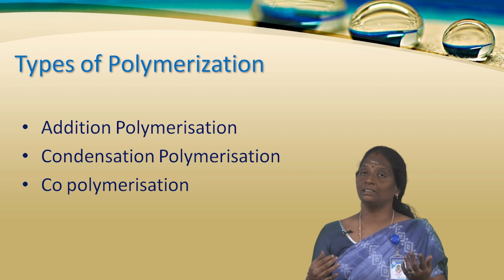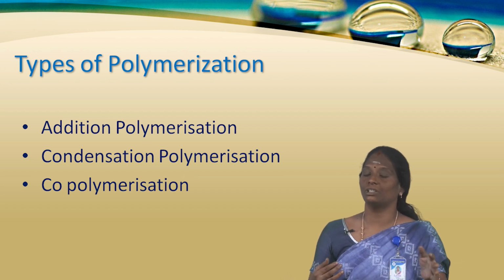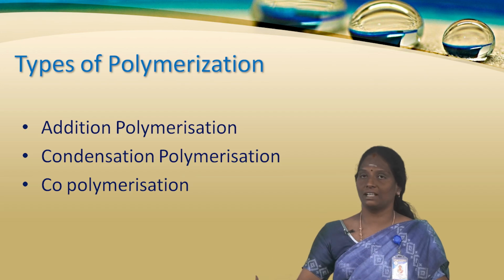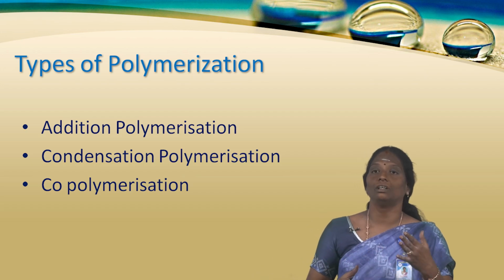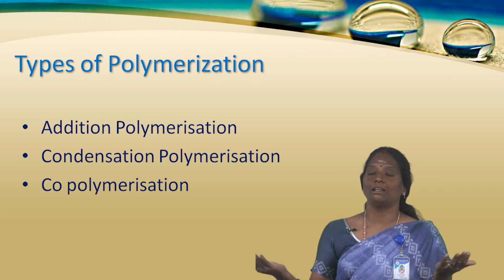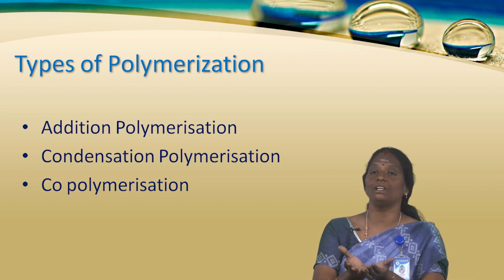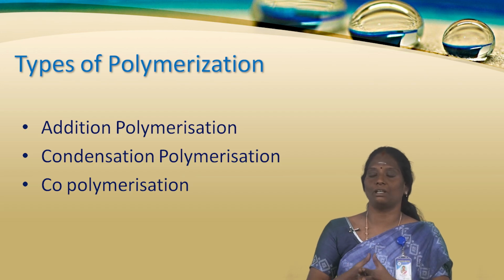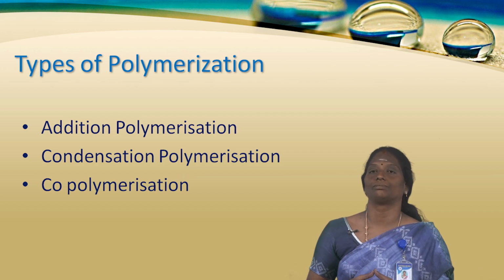In addition polymerization, small molecules are not eliminated, but there is a difference in condensation polymerization. Here, small molecules are eliminated and the polymerization proceeds between reactive functional groups. Example for condensation polymerization is preparation of nylon 66.